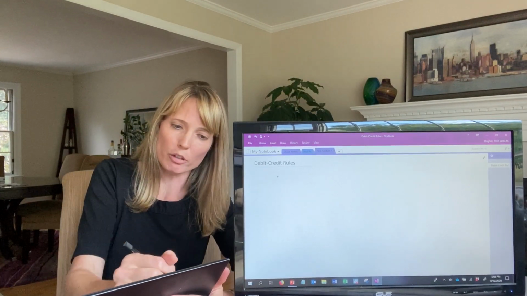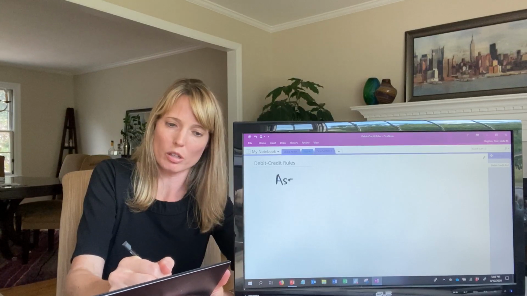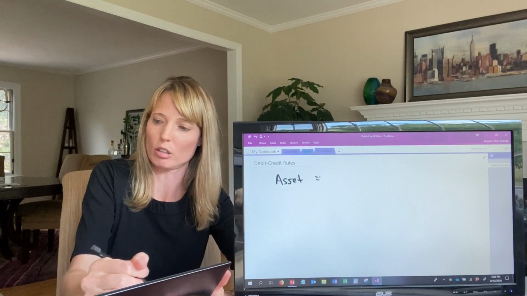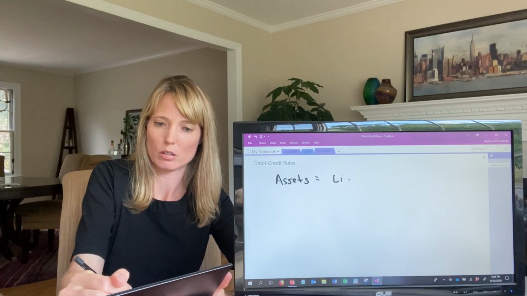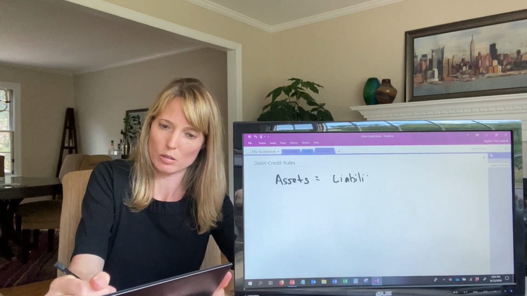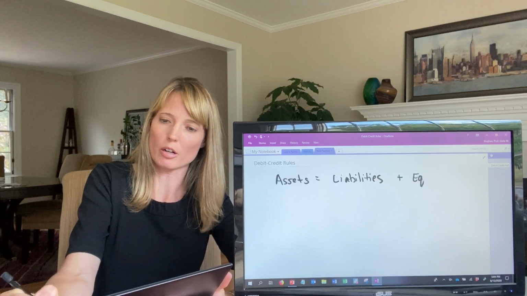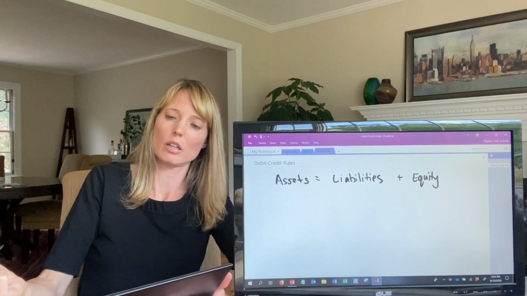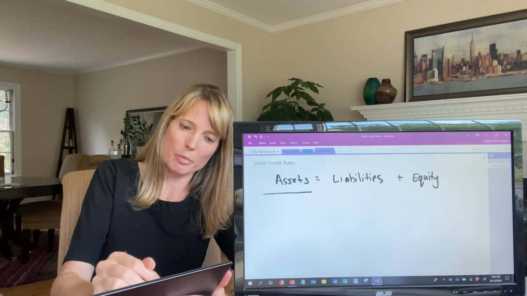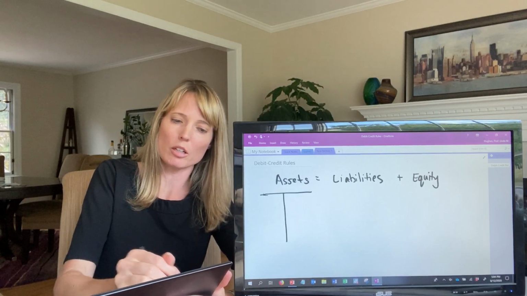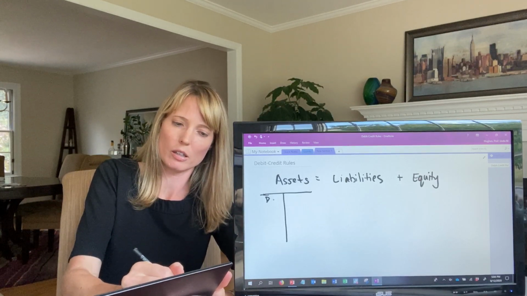Okay, these debit credit rules go back to our fundamental accounting equation: assets equals liabilities plus stockholders' equity. When we think about these debit credit rules, remember, debit is always on the left side.